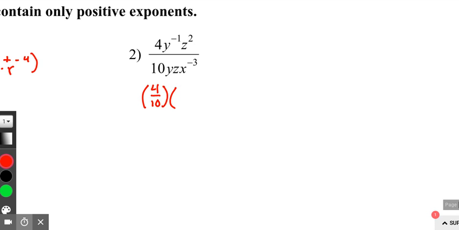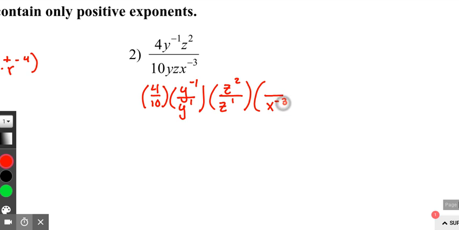My y's, I have y to the -1 divided by y to the first. I'm going to go ahead and put the 1 on it. My z's, I have z squared over z to the first. And then that is the only x. It's on the bottom, so I need to make sure I put it there.